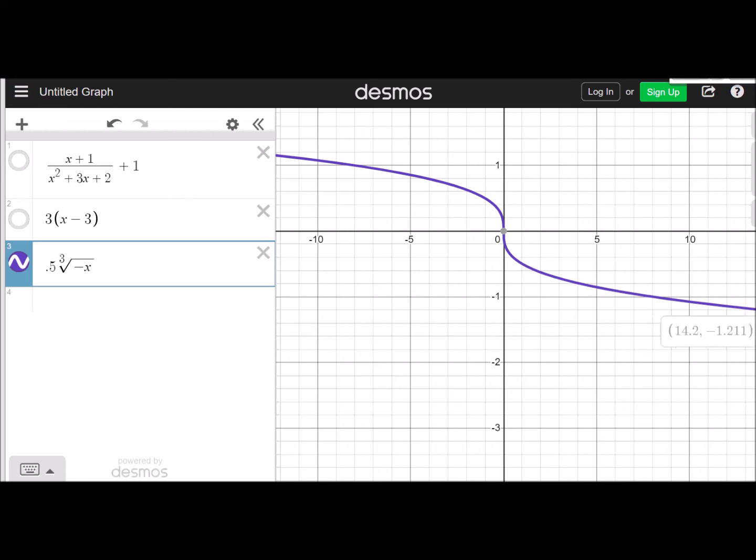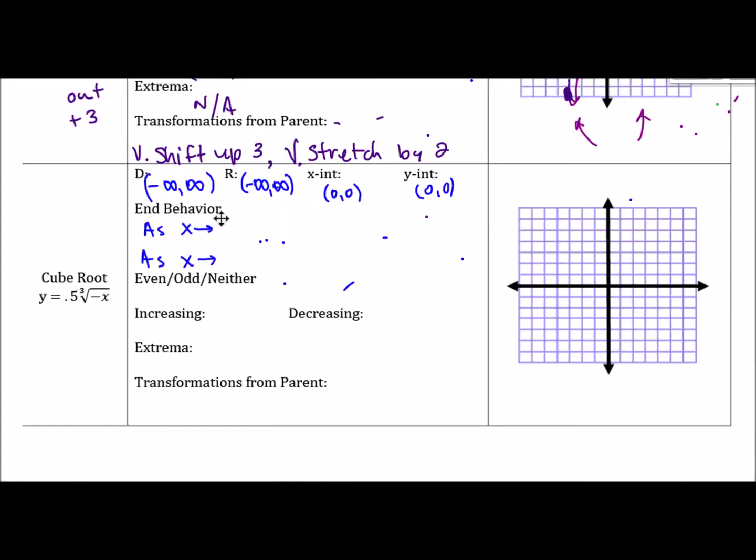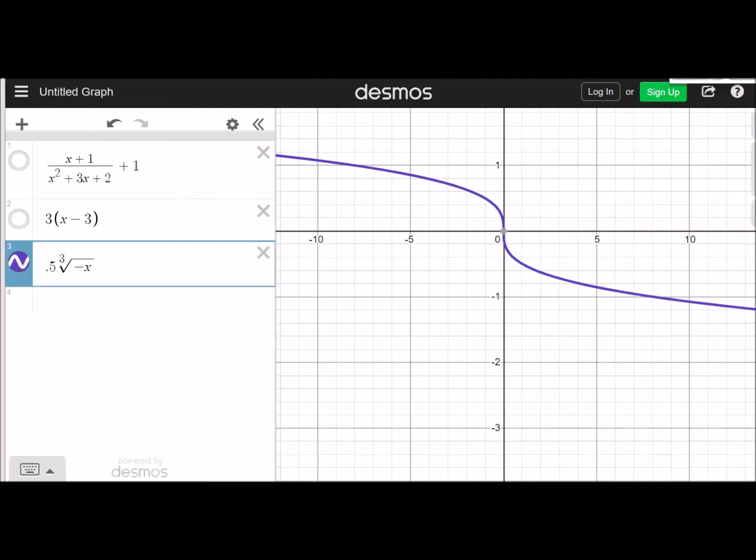Well, they're getting negative and more negative. Since we know it goes on forever, that means as x goes to the right, which is where positive infinity is, f of x goes down, which is negative infinity.